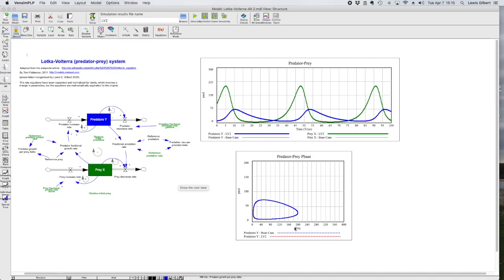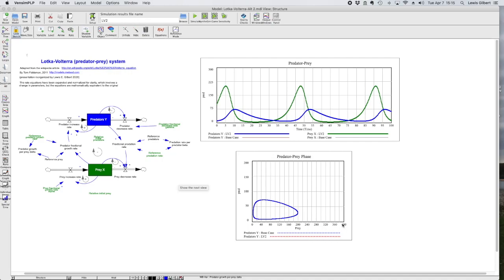it is plotted, depending on the voice you want to use, along this axis the number of prey, and along this axis the number of predators. Again, note that this is 200 and this is 400.